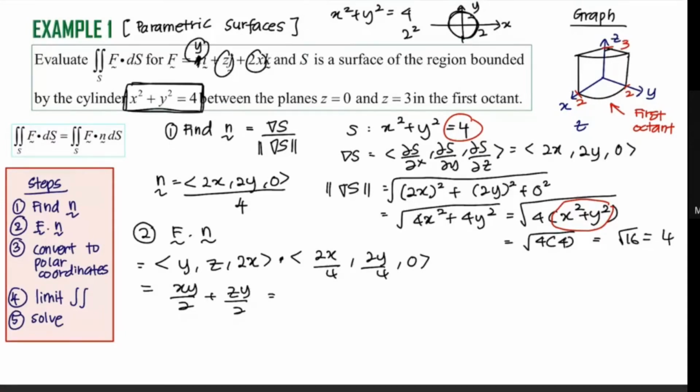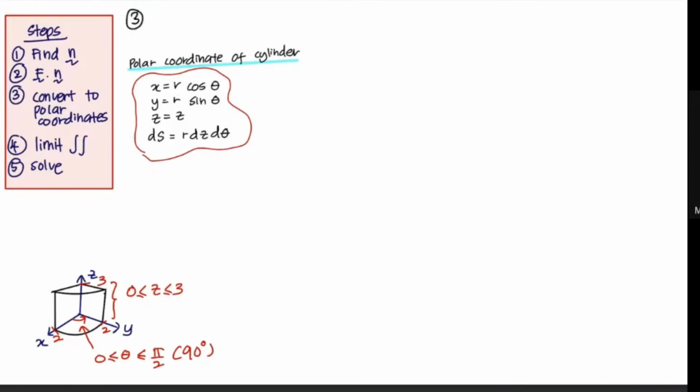Factorize 1 over 2. We have F dot n equal to half of xy plus zy.